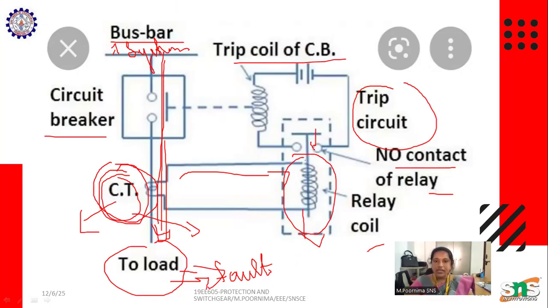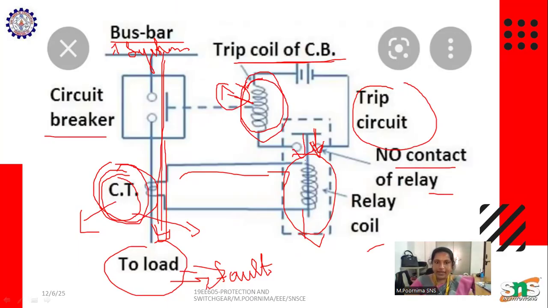The relay contacts get attached to the circuit breaker coil. When attached, the trip coil of the circuit breaker gets energized.